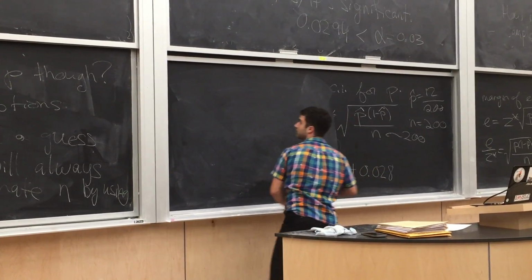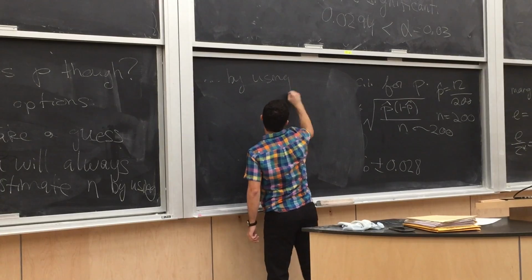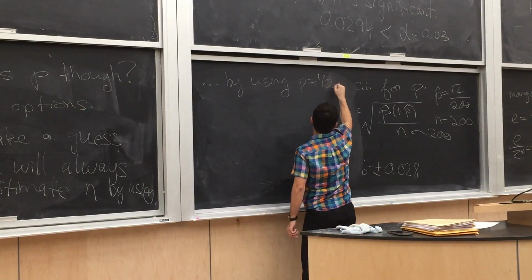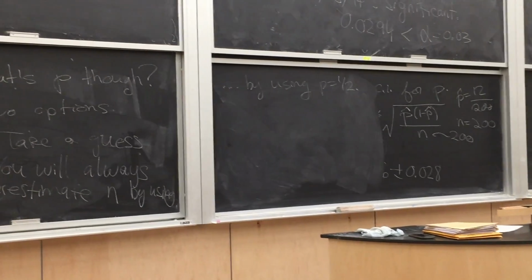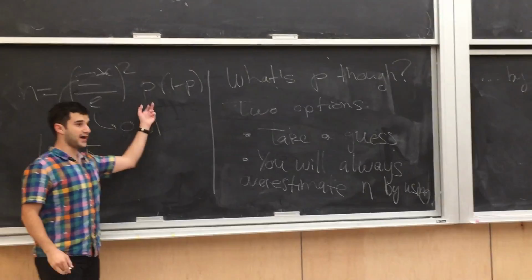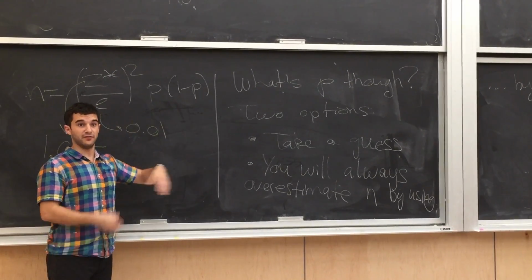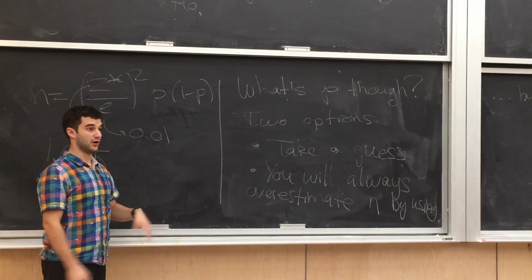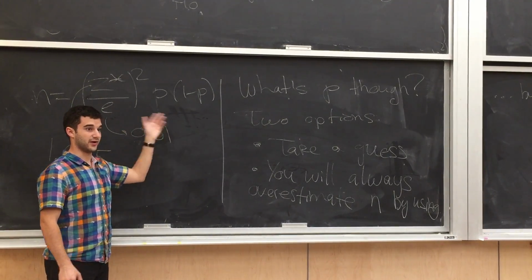Okay? So we can always just plug in 1/2 for this value of p, and that'll give you an overestimate for n. So at least you'll get a margin of error smaller than what you want.